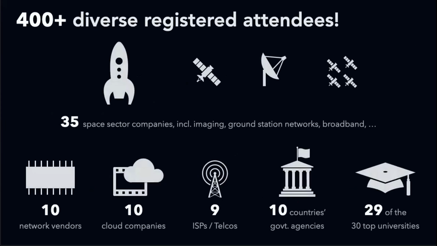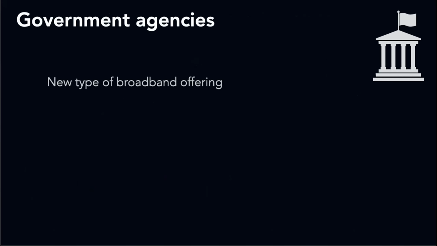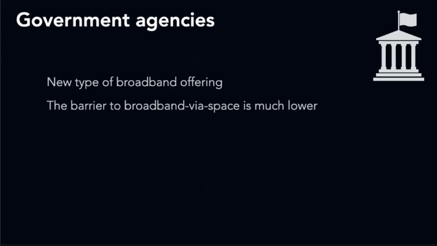Next up, government agencies. These LEO broadband constellations provide a new type of broadband offering. There are several characteristics that make it easy to use for providing broadband to a lot of people, but there are also these expense-related factors that we just talked about in the ISP industry as well. However, they do show that the barrier to broadband via space is much lower than one would have expected perhaps 10 years ago.